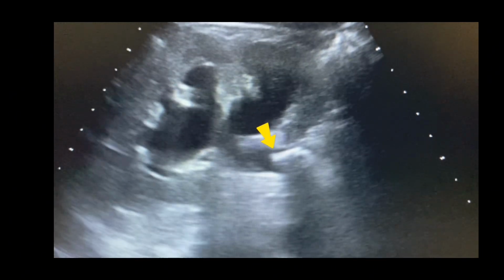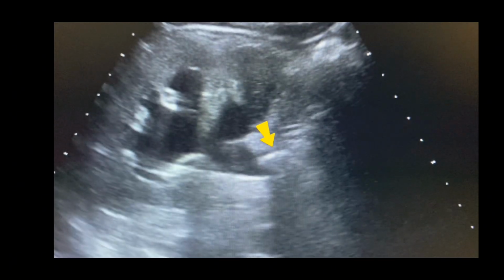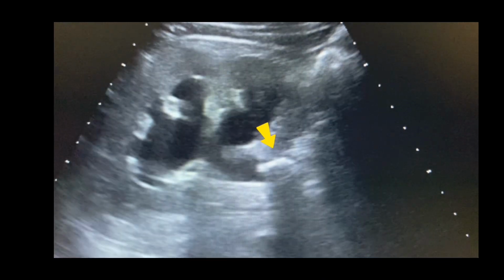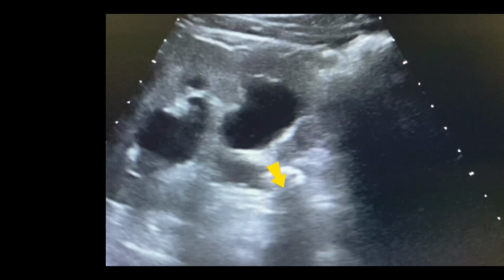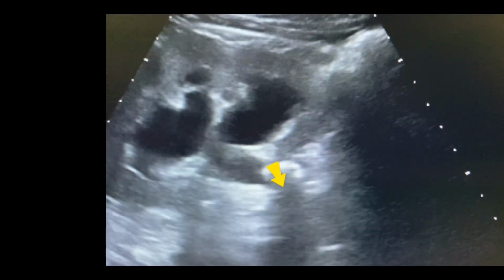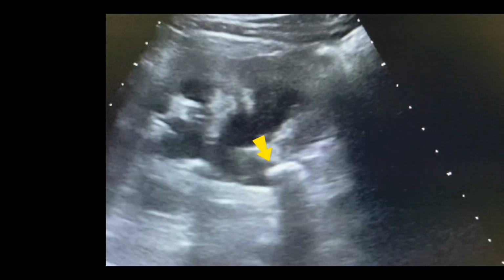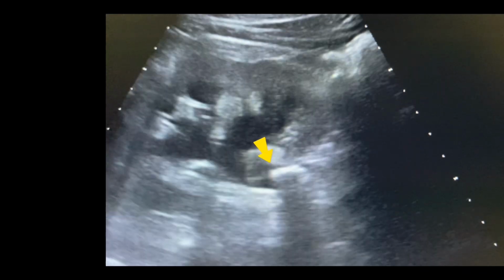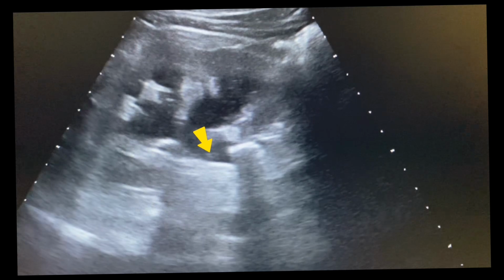The proximal part of the ureter is also dilated and contains a calculus. The shadow of this calculus is also seen. This stone is causing acute obstruction in the proximal ureter.